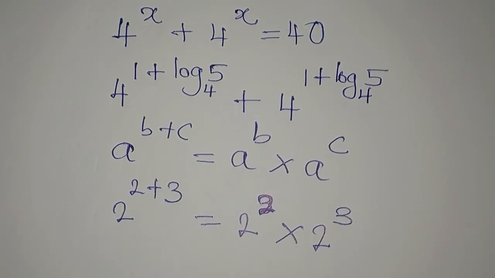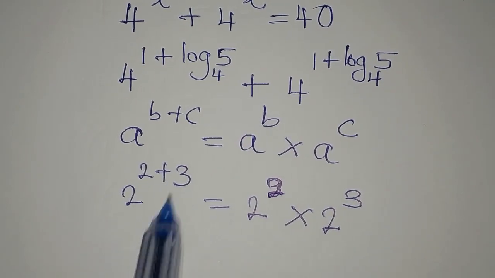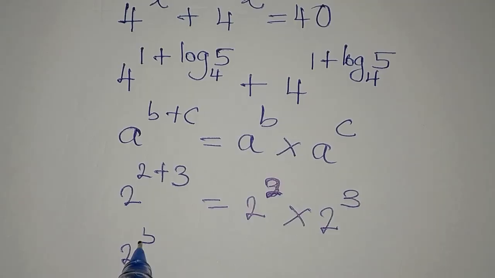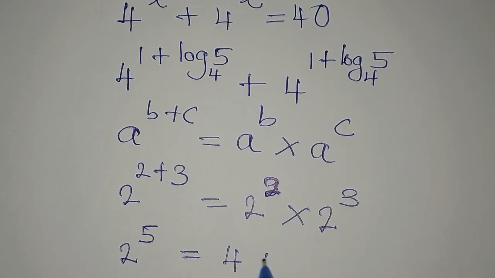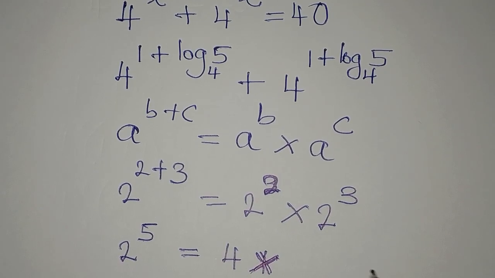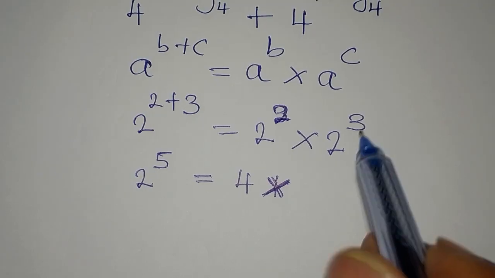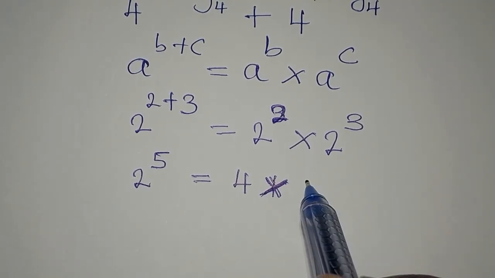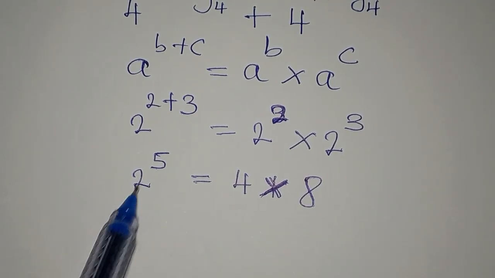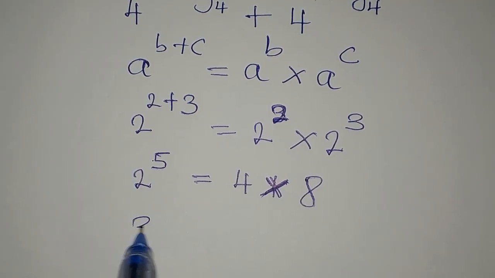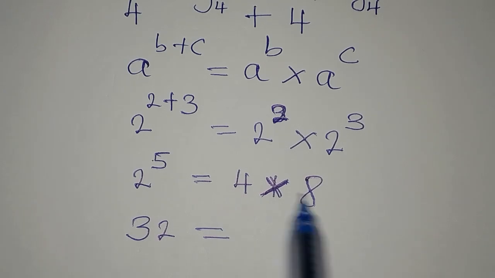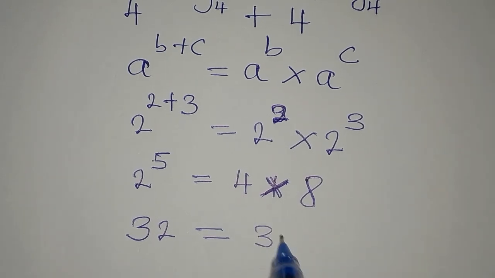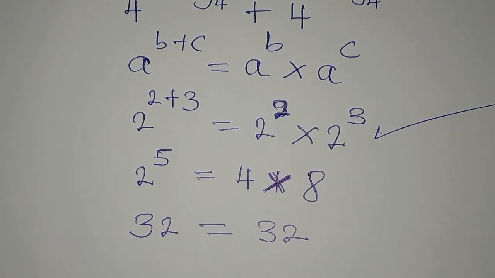If we add the powers, we have 2 to the power of 5, which is 32. Then 2 to the power of 2 is 4, times 2 to the power of 3, which is 8. And 4 multiplied by 8 is also 32. So that's for you to see that this law works.